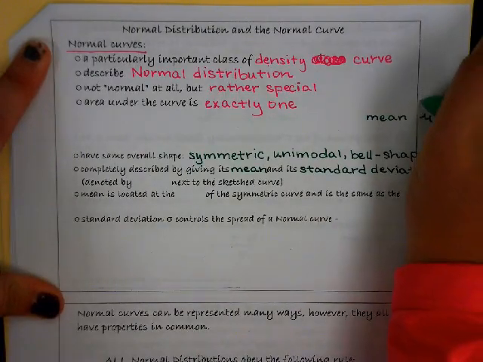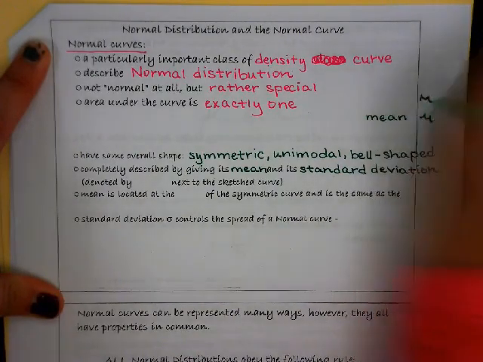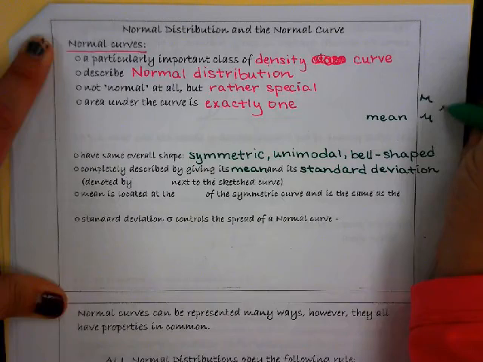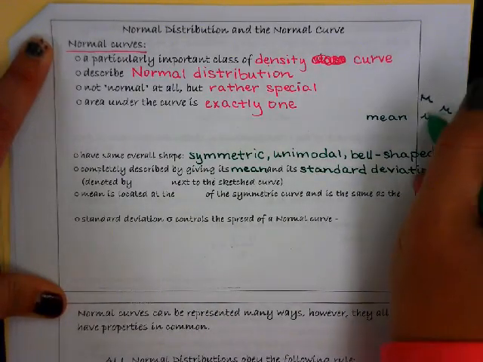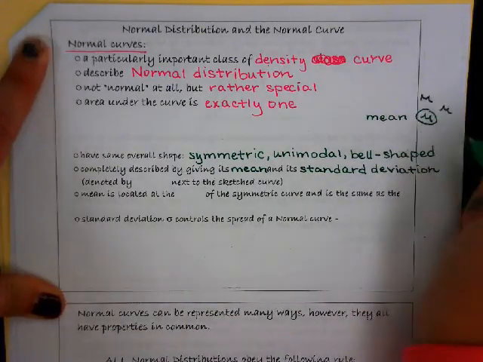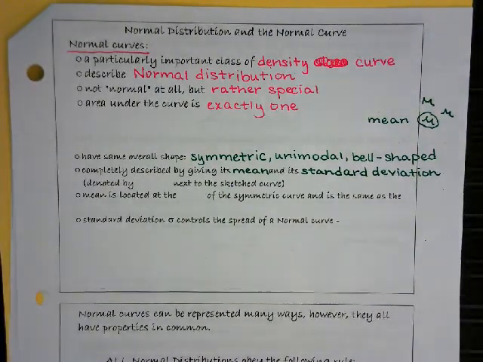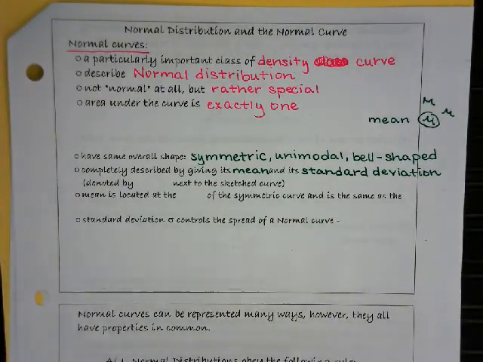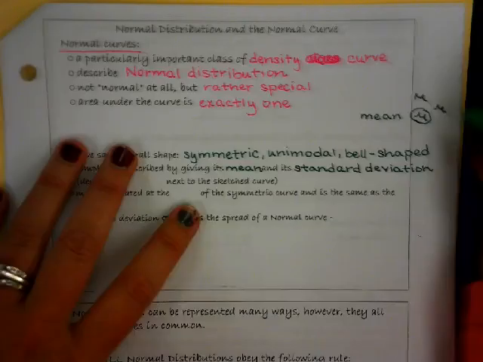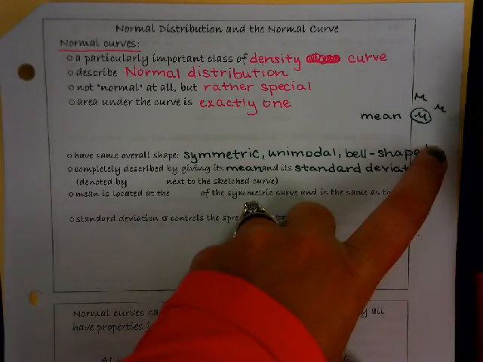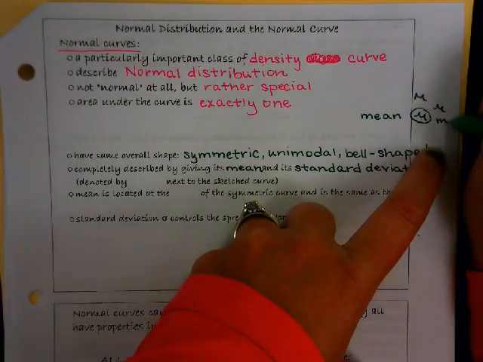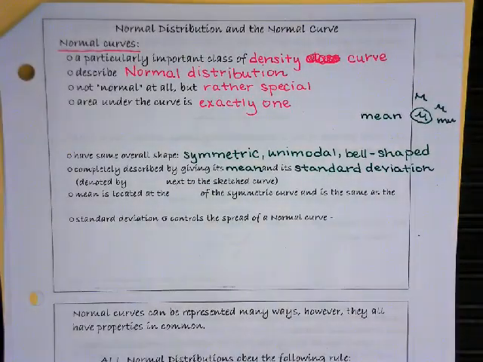I really don't care as long as I know what you're making, but mine looks like that. It's kind of a sideways M. It also looks like a cursive U, in my opinion. It's mu, the Greek letter mu. So you'll see me write that.